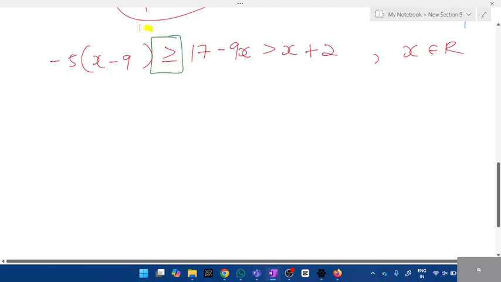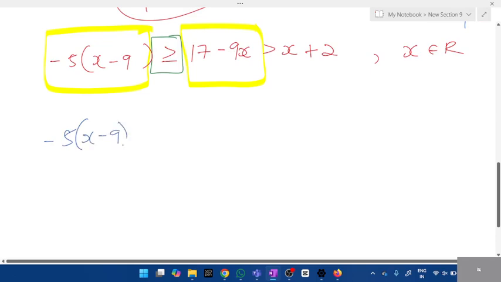What is the left hand side value? Minus 5x minus 9, greater than or equal to the right hand side, 17 minus 9x.